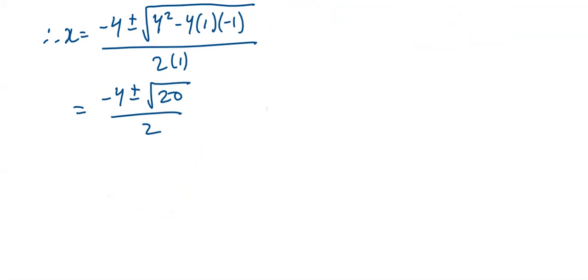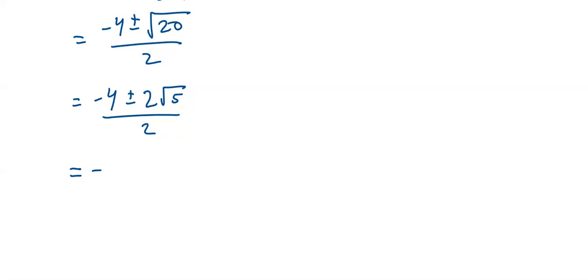Often with these, we're going to want exact answers. So I get negative 4. 20 is 4 times 5. Square root of 4 is 2. So this ends up being plus or minus 2 root 5. And make sure you know how to reduce these. This ends up being negative 2 plus or minus the square root of 5.